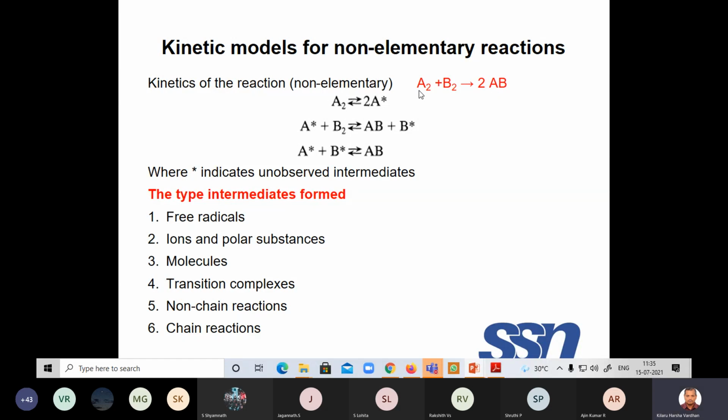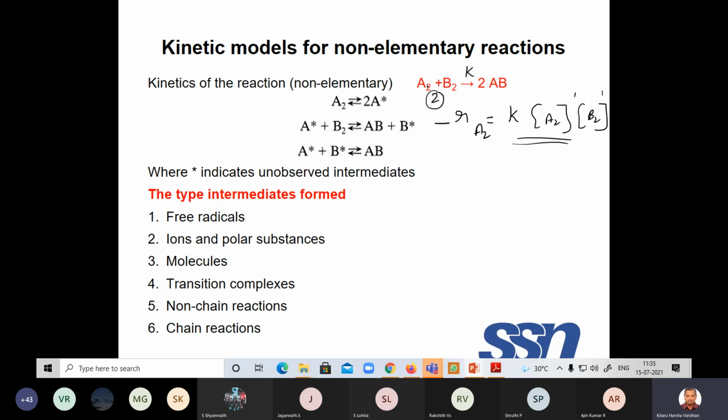If this is an elementary reaction, you can write your rate minus r based on A2, the reactant, as K times concentration of A2 into concentration of B2. So this is 1, this is 1, the order will be 2. But if this is non-elementary, then you cannot write the rate like this. You have to find out the rate.